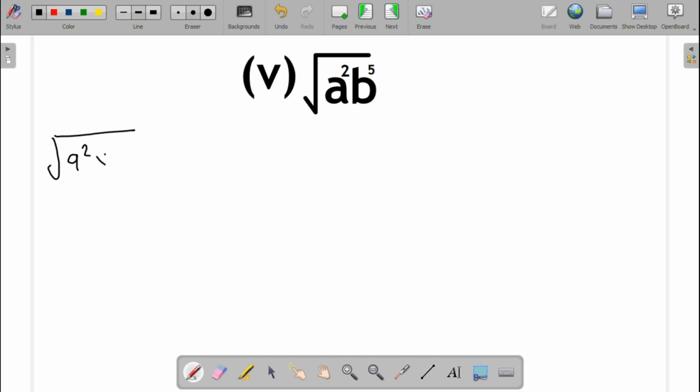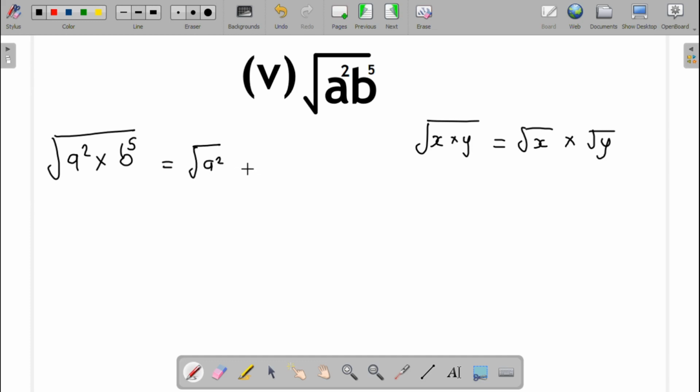Okay, good. The next question is this, that we have to simplify root a squared times b raised to power 5. Now to simplify this, also following the rules of surd, that if you have root x times y, it can be simplified as root x times root y. Now this will be equal to root a squared times root b raised to power 5.